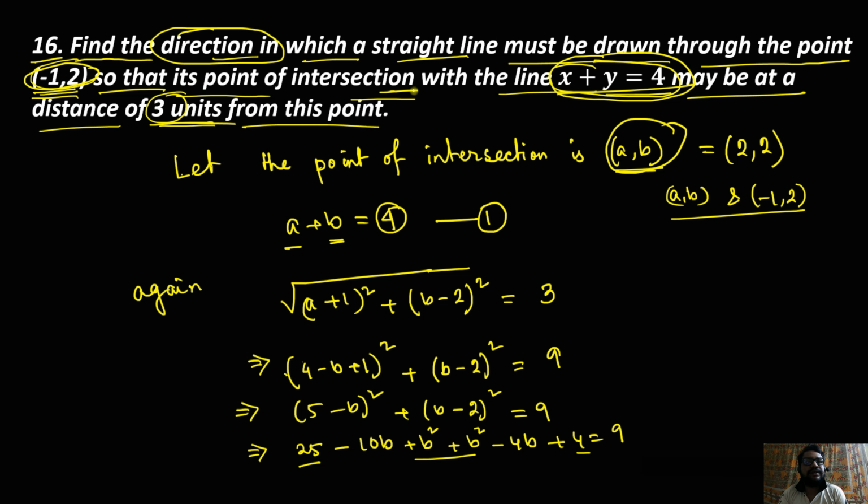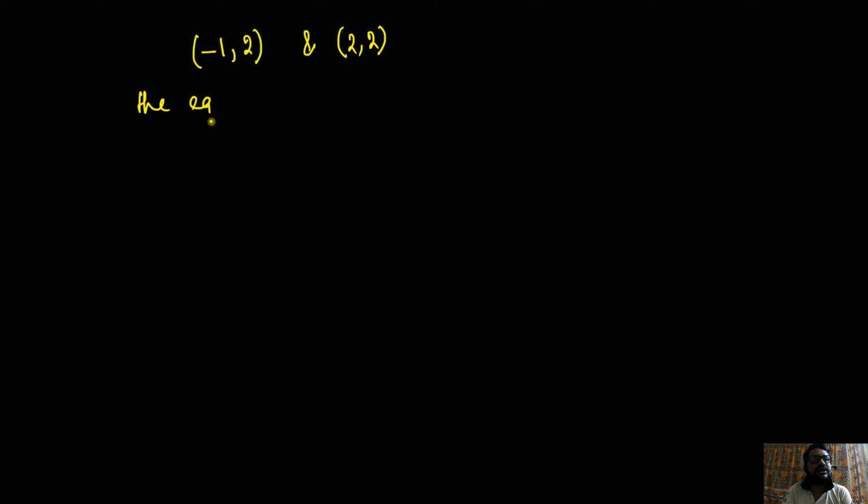Now we have to find the equation of the straight line that is drawn from minus 1 comma 2 to 2 comma 2. The equation passes through these two points.